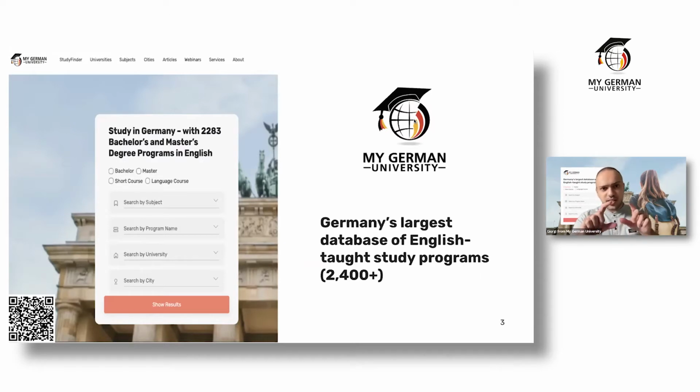One of the ways of doing this is through our study finder. You can see a demo version on the screen, but when you go to the top left corner and click on the study finder, you will be able to unlock all the features, the full version with lots of filters, which will help you find the best fitting program for you effectively and quickly.